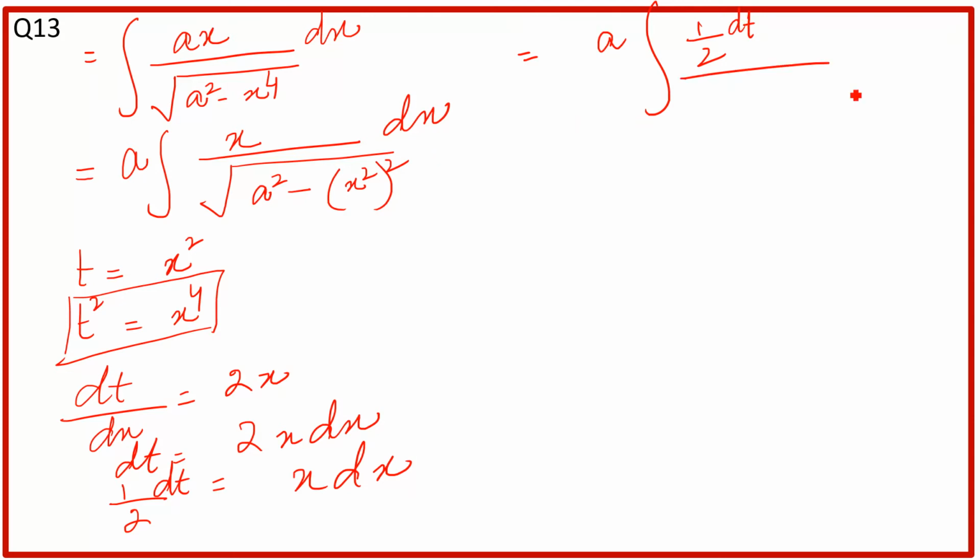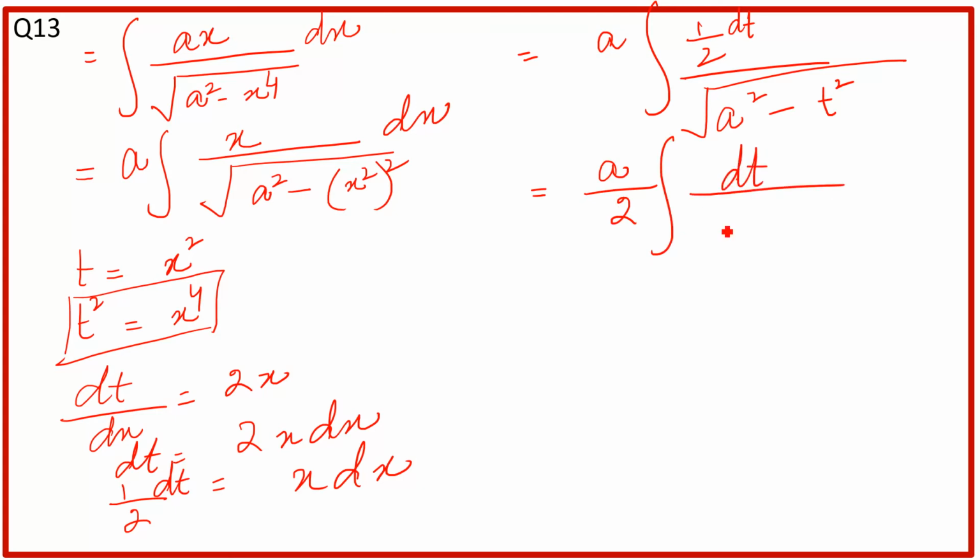In the denominator we have a square, so instead of this, a square minus the value of t, which is x square, and we have one more square, it will be like this. Again, this exercise is based on the substitution method, otherwise we can finish our question here directly. I can write the answer, which is equal to, okay, one more step, a over 2, because this 2 is constant, dt divided by a square minus t square.